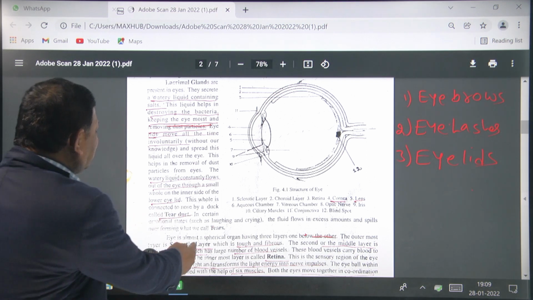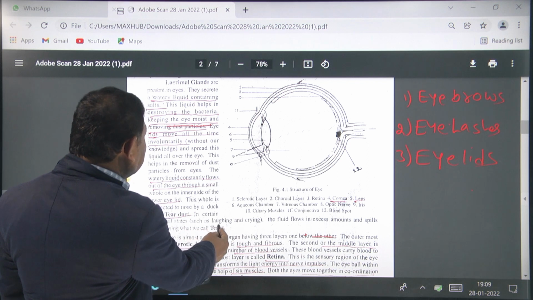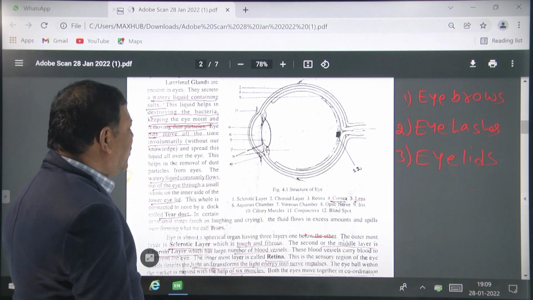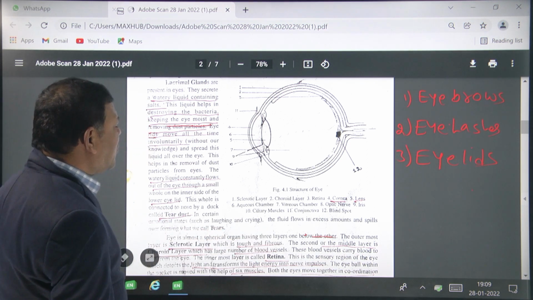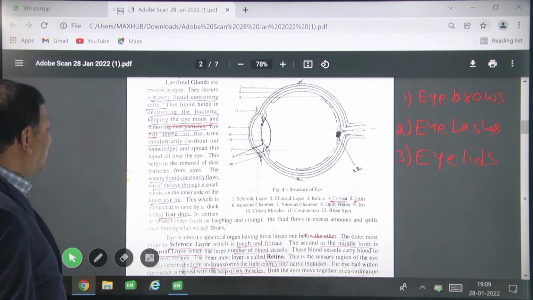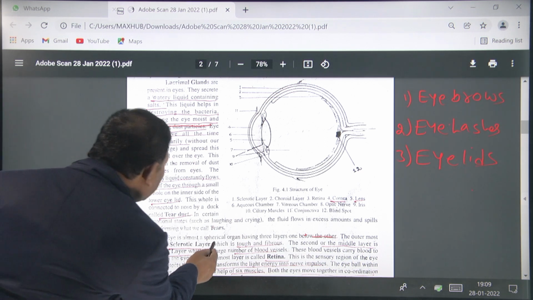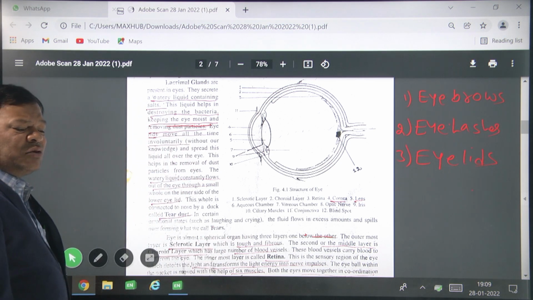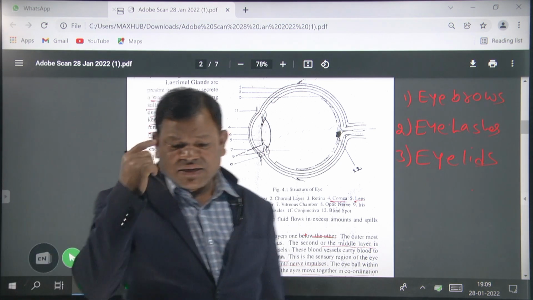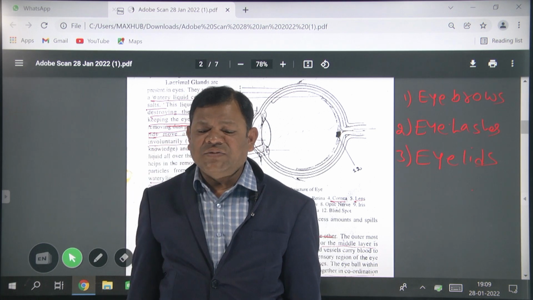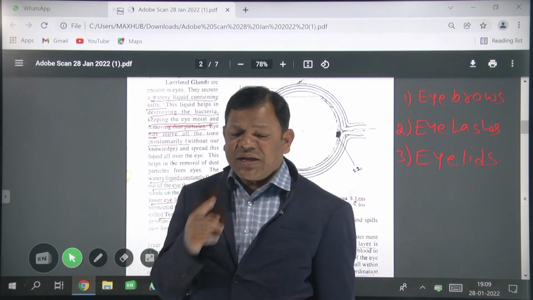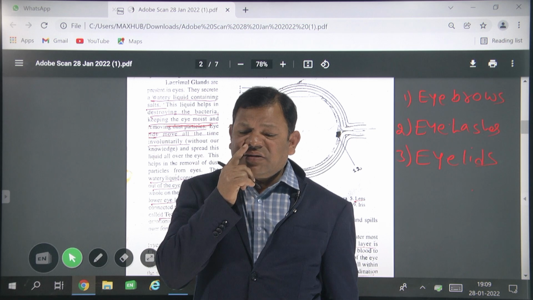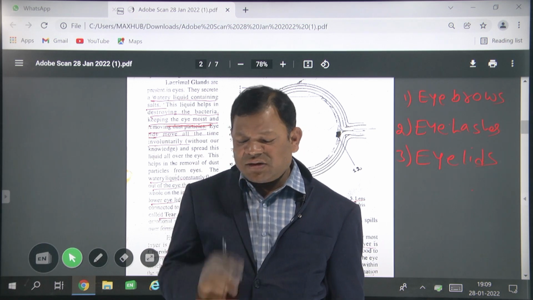In certain emotional states such as laughing or crying, the fluid flows in excess amounts and spills over, forming what we call tears. Tears means emotionally that water comes out. Sometimes that water also comes from our nose.